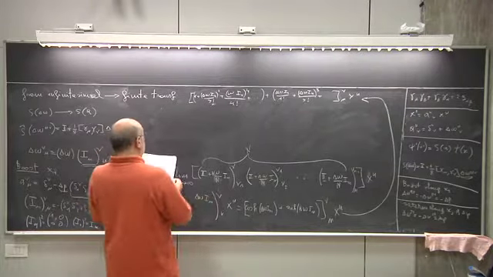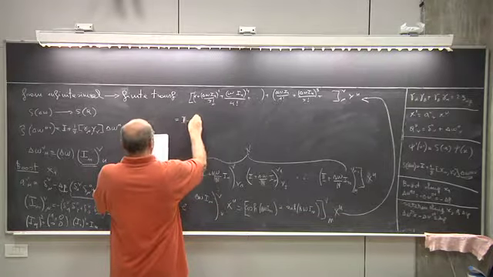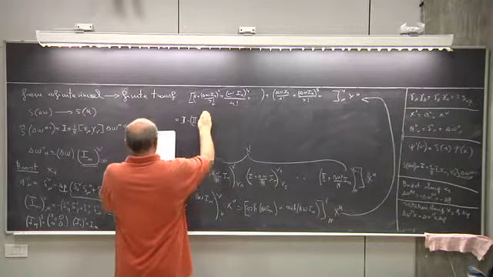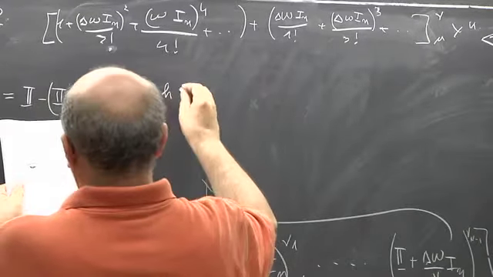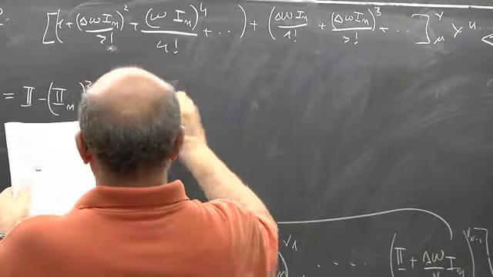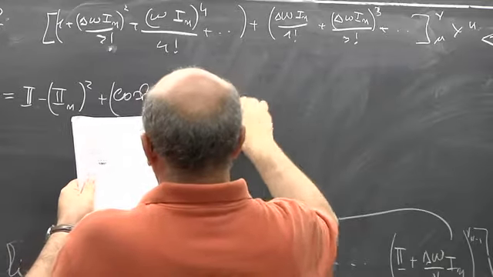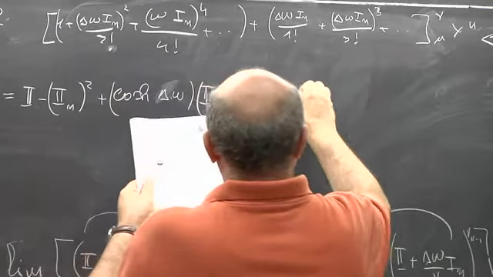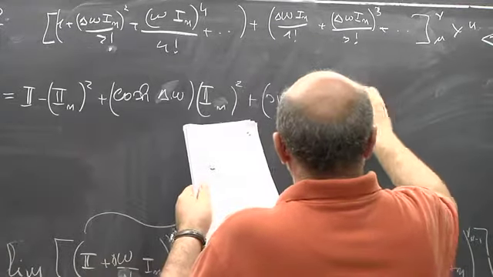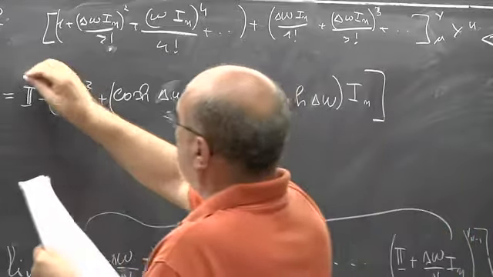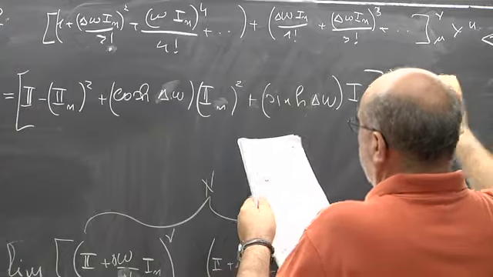So you can pull out, and what you get of this result is the following: the identity minus I n square plus cosine hyperbolic of delta omega times I n square plus sine hyperbolic of delta omega I n, all these nu mu x mu, okay?